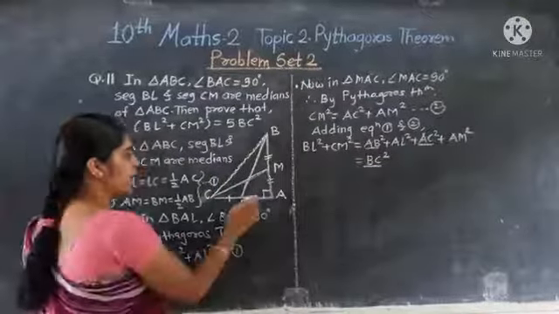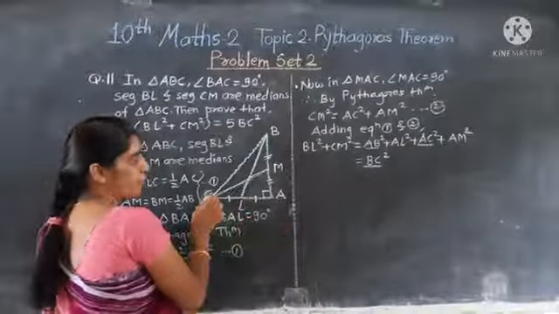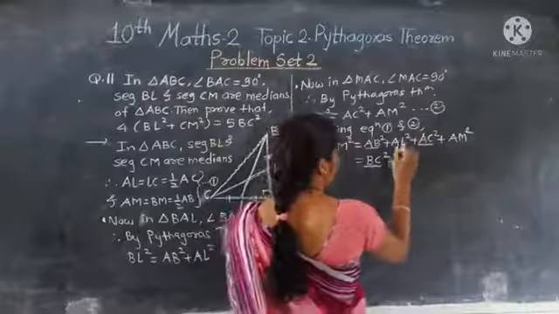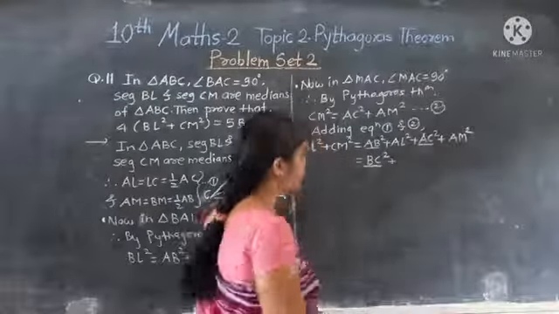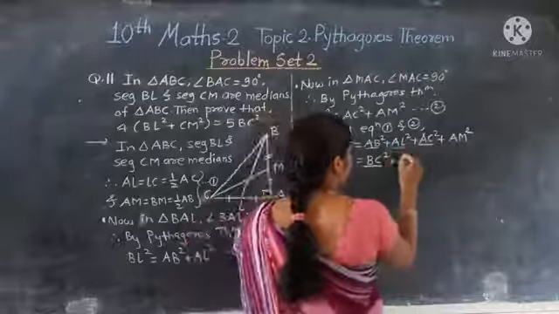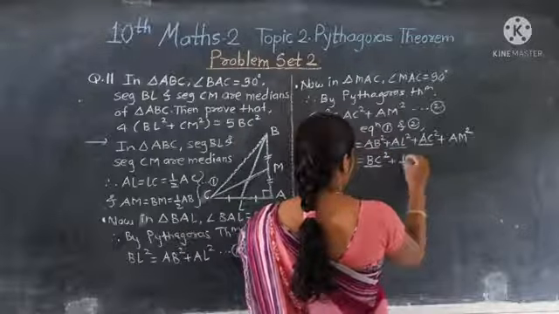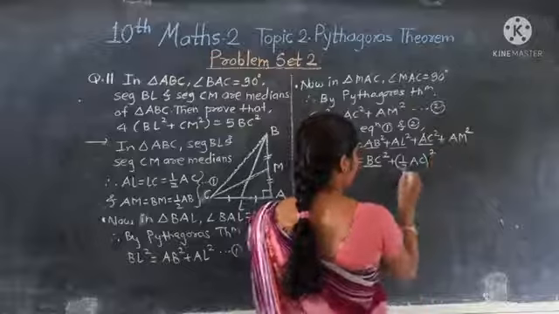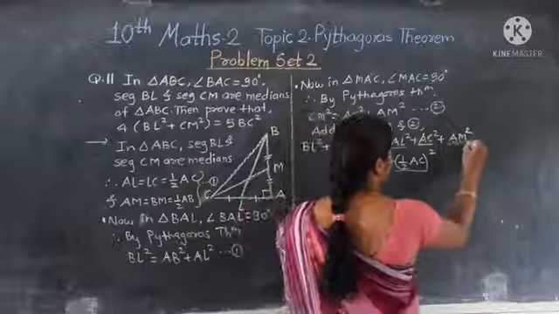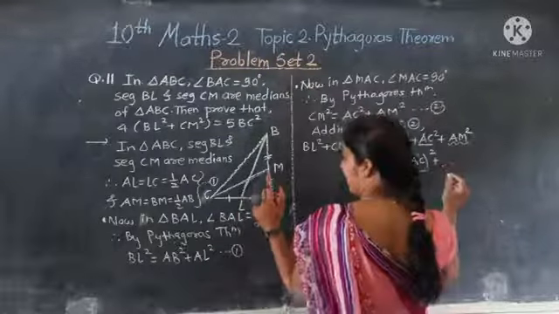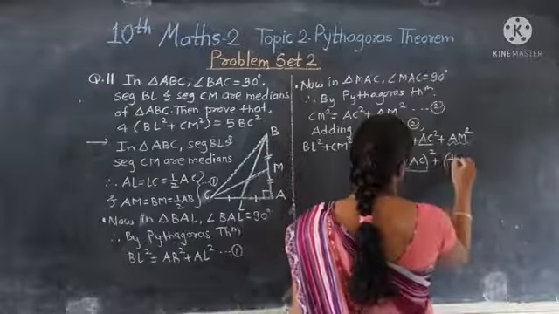Okay, now see AL. AL is half of AC. You write AL as half of AC square. Okay, and here you write AM as half of AB square.